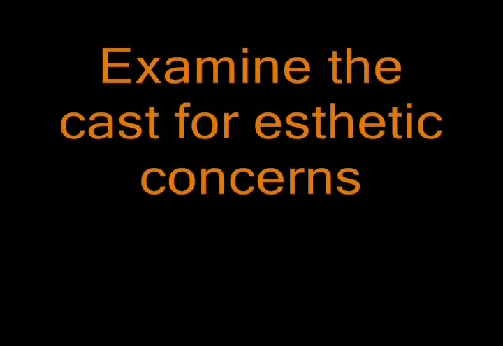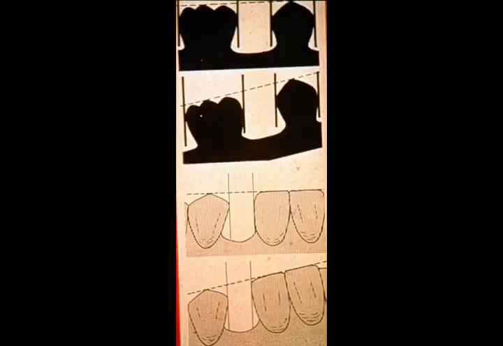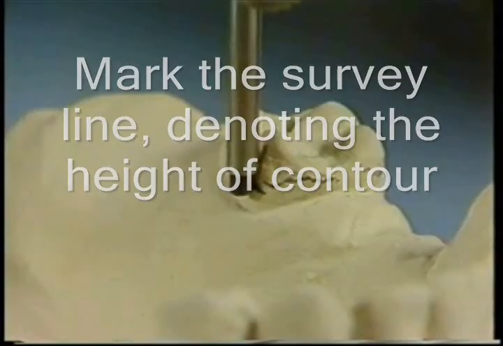Examine the cast for aesthetic concerns. This is particularly true in the anterior case. Altering the path of insertion can give better tooth conservation and better aesthetics. Once these basic steps have been performed, mark the height of contour with a survey line.